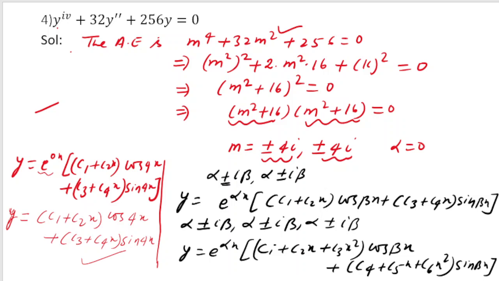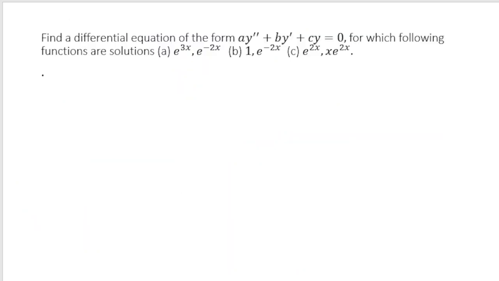We will look at those kinds of problems also, but now I'm moving ahead with the next kind of problem, which may also be asked in the exam. Here they are asking you to find a differential equation of the form ay'' + by' + cy = 0 for which the following functions are solutions. So they have given you the solution and are asking for the corresponding differential equation.